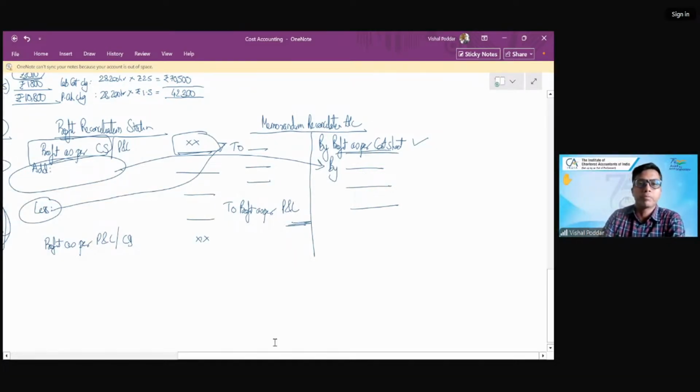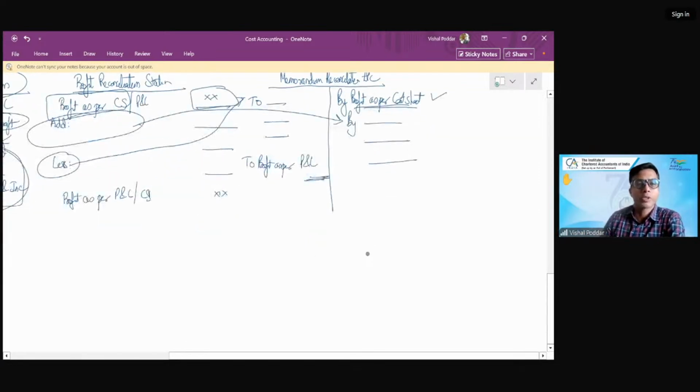Now interestingly, at times your question may have a balance of loss. So in statement we will say loss as per profit and loss, let us say. Again we determine add and less, and we find out the other profit or loss as per cost sheet, right?